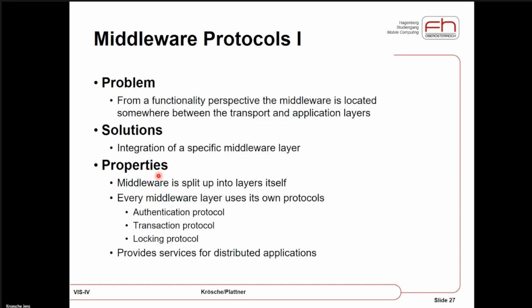So when we take a look later on at the ISO-OSI layered model, we see that there is an additional protocol integrated, but from our usage perspective, from our programming perspective, the transparency design goal kicks in and hides that from us. And we don't see that anymore. But every middleware technology, of course, has a specific protocol that executes in the background. It's not magic that happens.